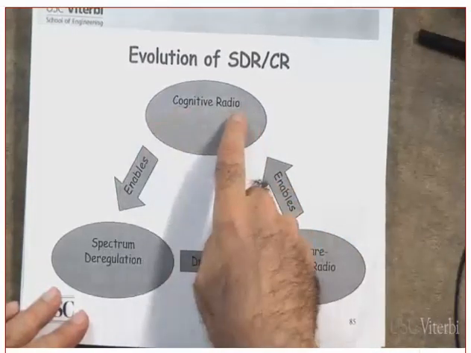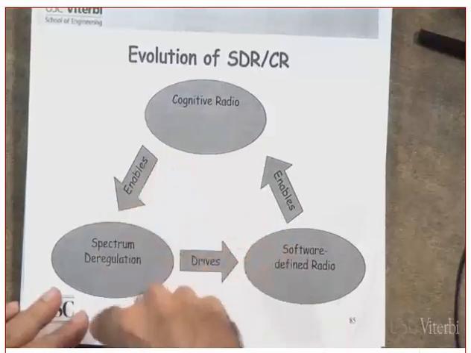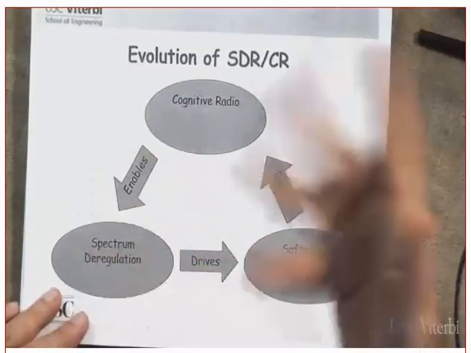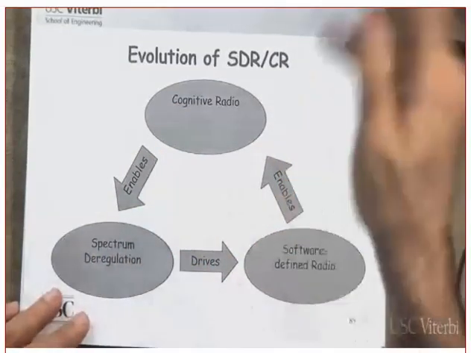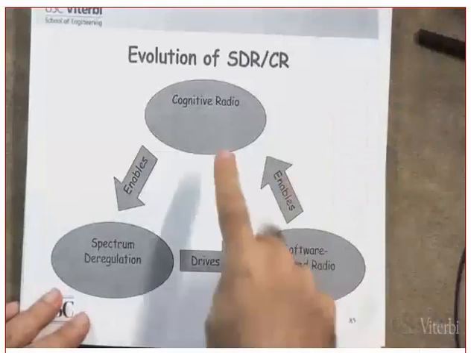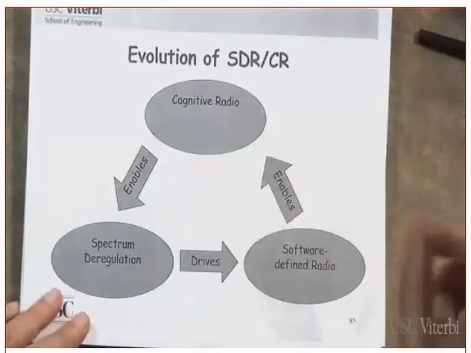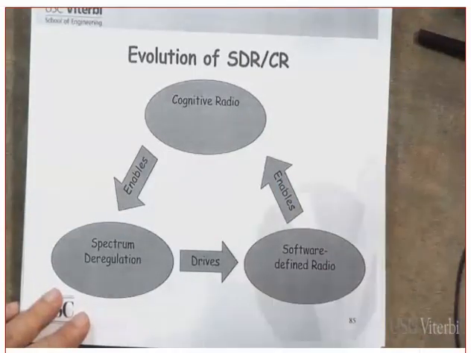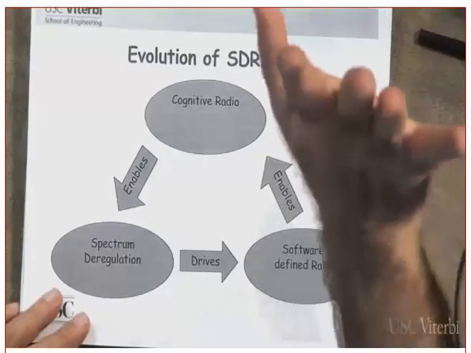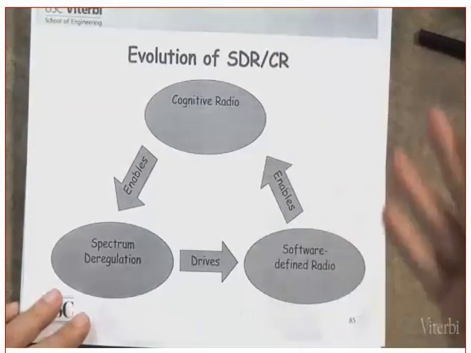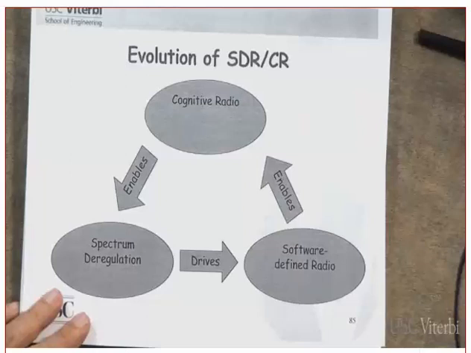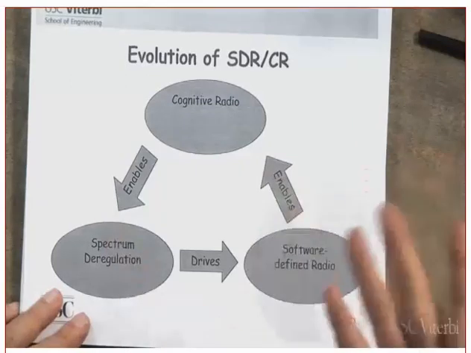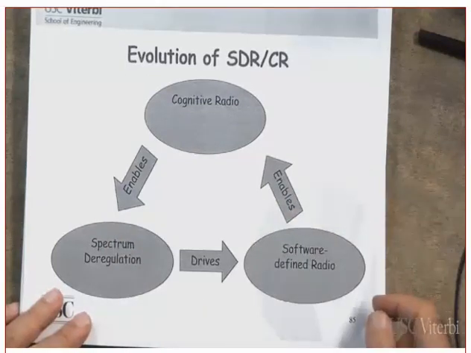And once you get to cognitive radio, this will enable deregulation. In other words, you don't put severe regulation, because the radio is able to sense whether there are primary users or not. And if there is a primary user, he might not send, which means he is not causing any interference. So you don't need to put severe regulation. Did you get my point or not?